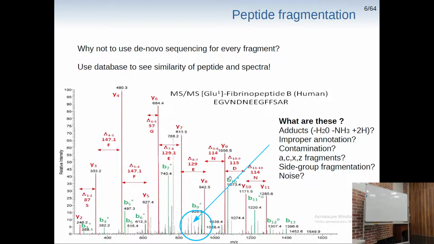And the problem here is, if those ion series didn't have any color on them, would you be able to assign them by hand? What do you think? For instance, here is one peak which is quite big, but is not assigned to any of those ions.